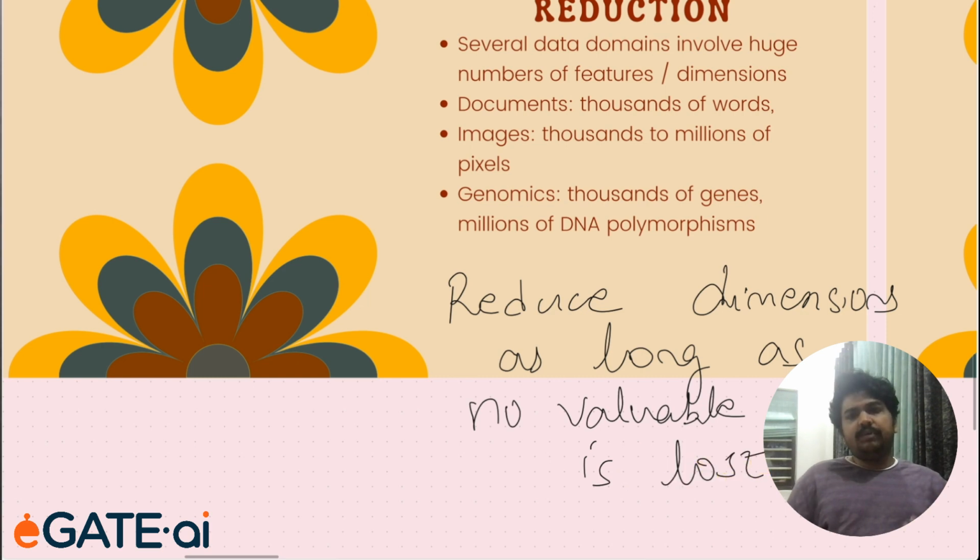For instance, a document or a book may contain thousands or even lakhs of words. Similarly, an image may contain millions of pixels.